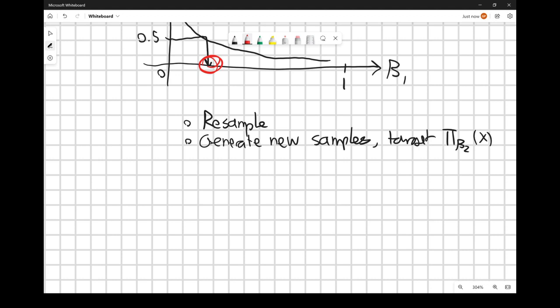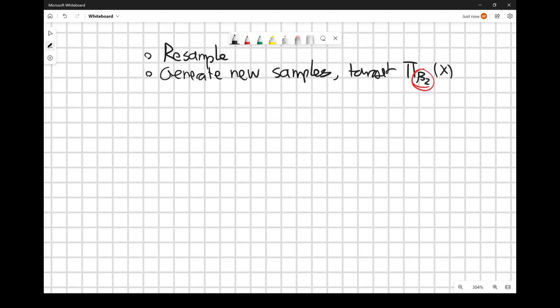And so as a final part of this video, we're going to look at how you can adaptively choose your beta 2. So now effectively what we have is our proposal distribution. We've now essentially got samples from pi beta 1, and we're going to target pi beta 2. So our new weight for sample xi is going to be equal to the target, which is now our likelihood evaluated at xi, but now to the power beta 2, multiplied by the prior.